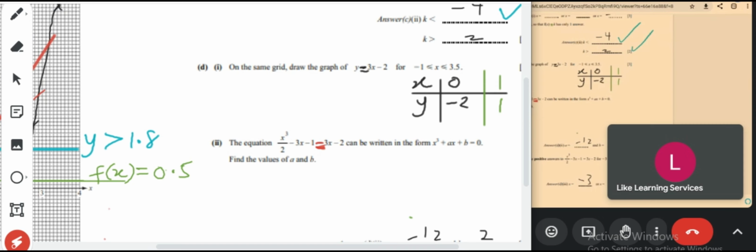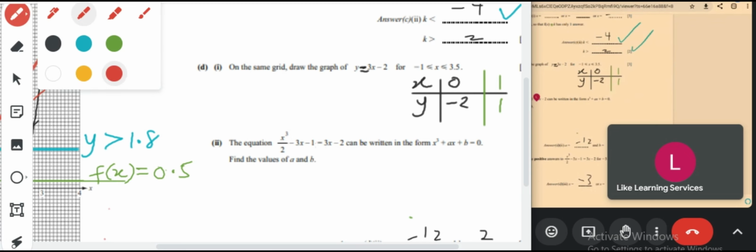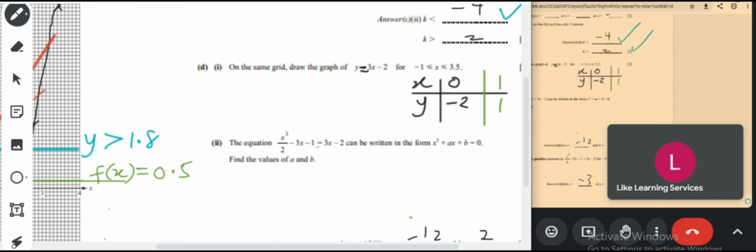The equation x cubed over 2 minus 3x minus 1 equals 3x minus 2 can be written as x cubed plus ax plus b equals 0. Find the values of a and b. What did you say you did?